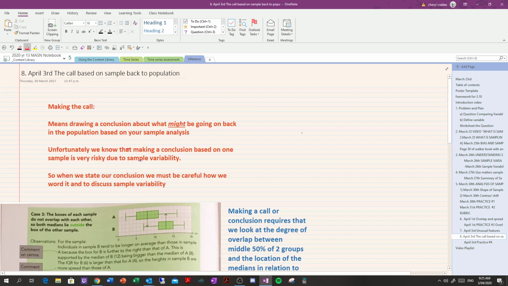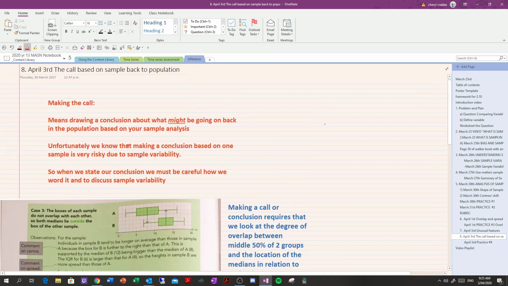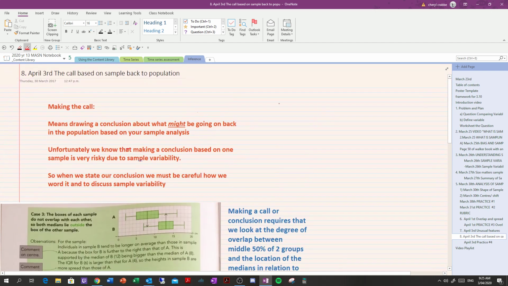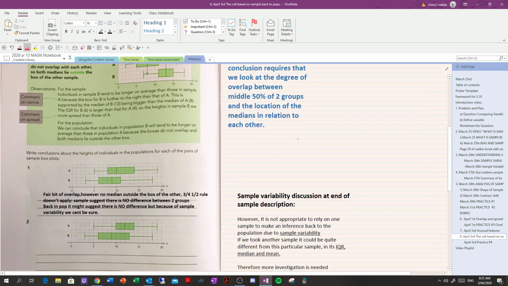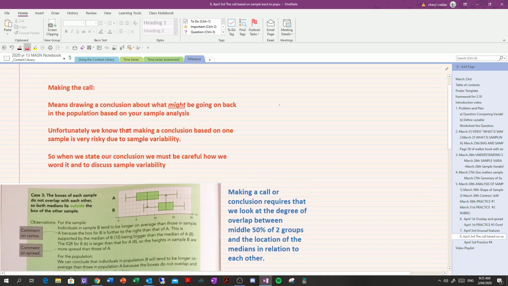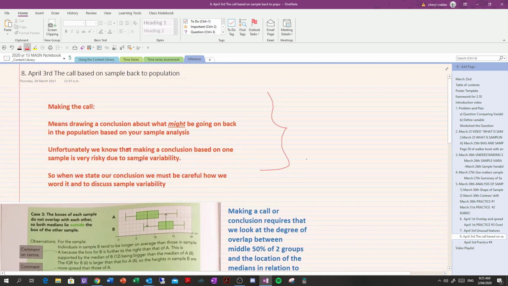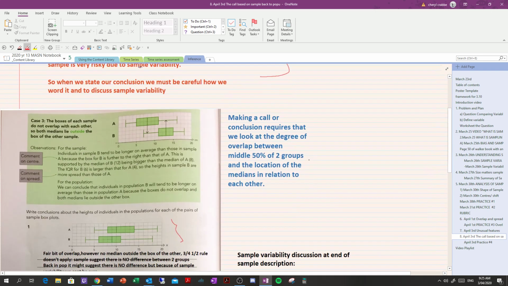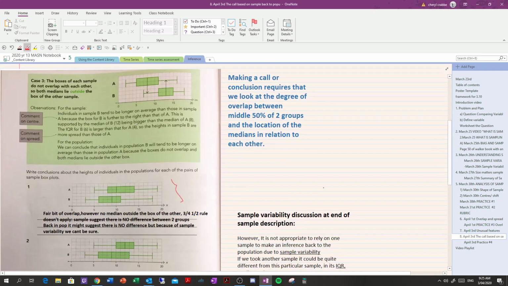And this is the last thing, is what we call making the call based on the sample back to the population. Now, we have to understand that last year in year 12, you would have made the call from the sample based on an informal confidence interval, or based on the 3/4 half rule, based on where the medians are located, and so on. I just want to make sure that you understand how we kind of make a call or make a conclusion about the sample, but understand that at the very end of our sample description stuff, we're going to do this caveat, this beware thing about sample variability.